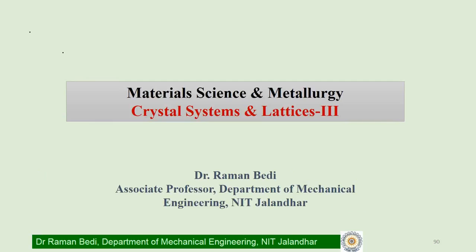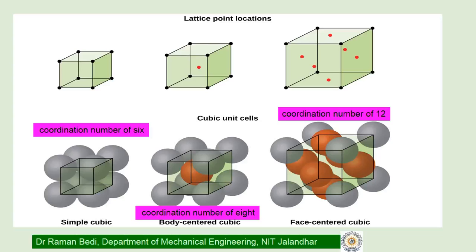So we continue our discussion on crystal systems and crystal lattices. Lastly, in my class, we have seen that these three are the most important crystal structures in a cubic system.